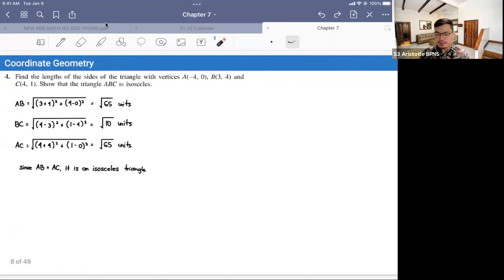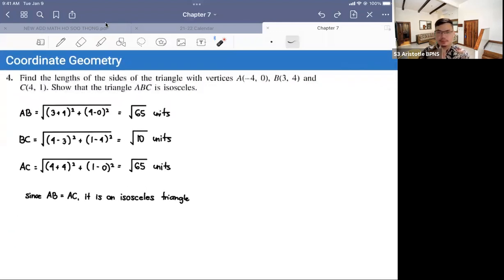Now for number 4, it says here we need to find the lengths of the sides of this triangle with vertices A, B, and C. So point A is at (4, -4, 0), point B is at (3, 4), and point C is at (4, 1). Show that the triangle ABC is isosceles.